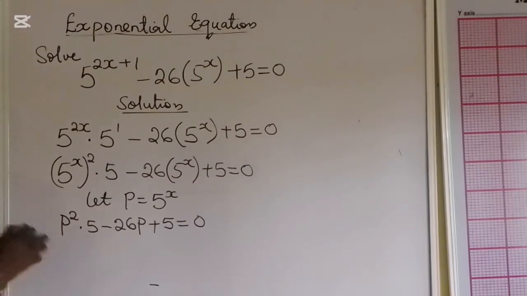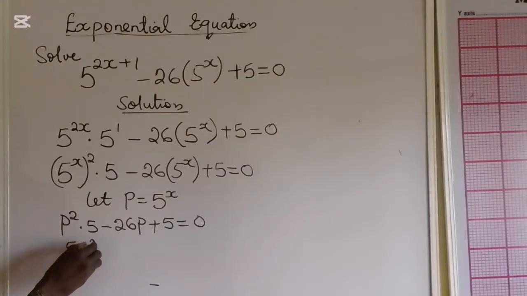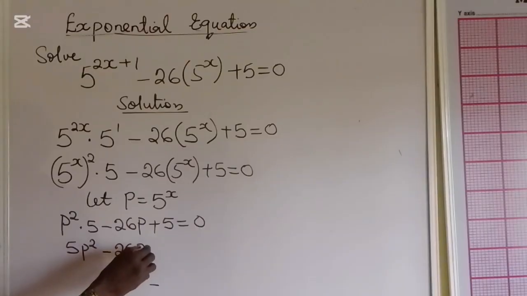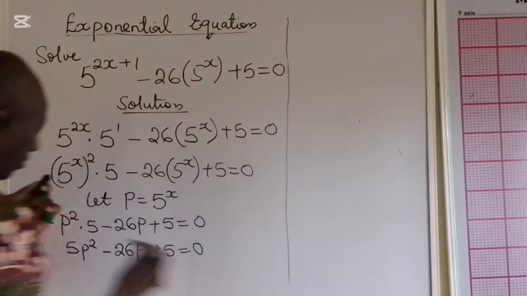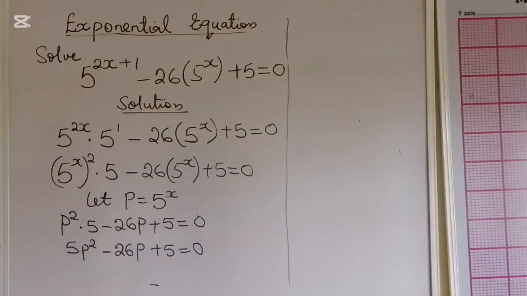Now, here is 5p squared when you multiply. 5p squared minus 26p plus 5 is equal to 0. So it has turned to a quadratic equation. So I will use the last step. We are trying to get the middle term.